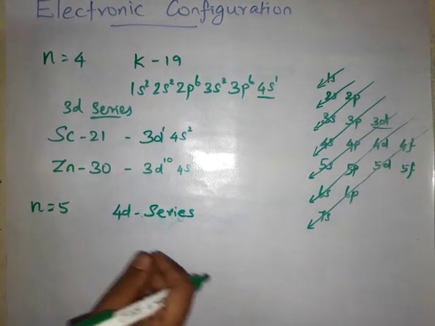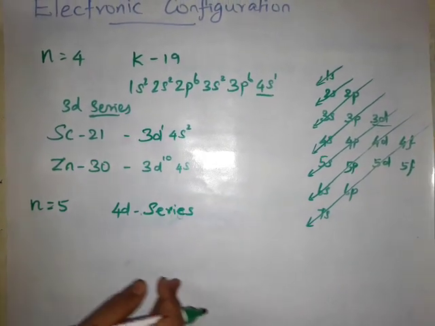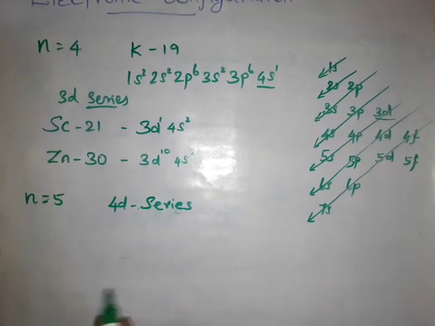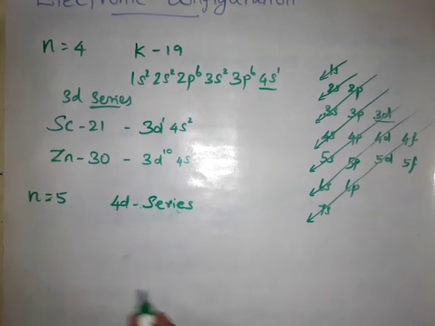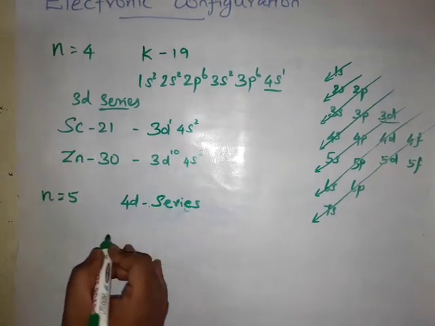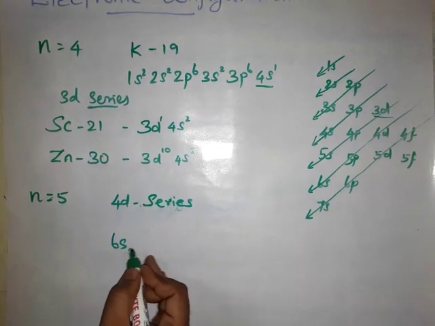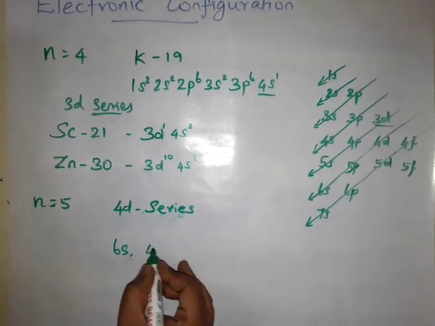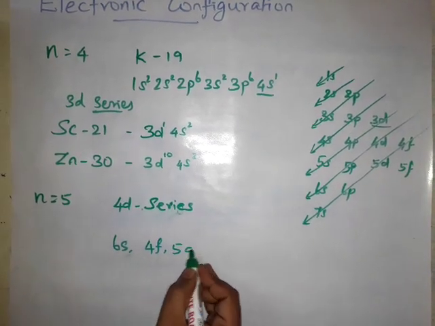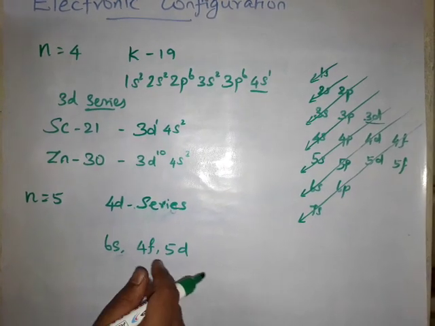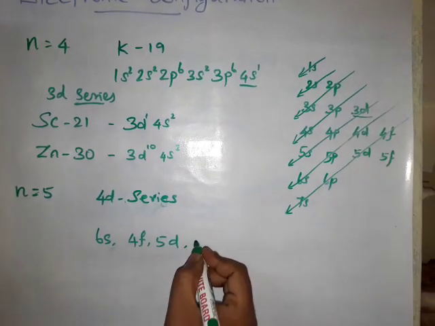Then similarly n is equal to 6. The sixth period contains 32 elements, and successive electrons enter the 6s, 4f, 5d orbitals, and the 6p orbitals also.